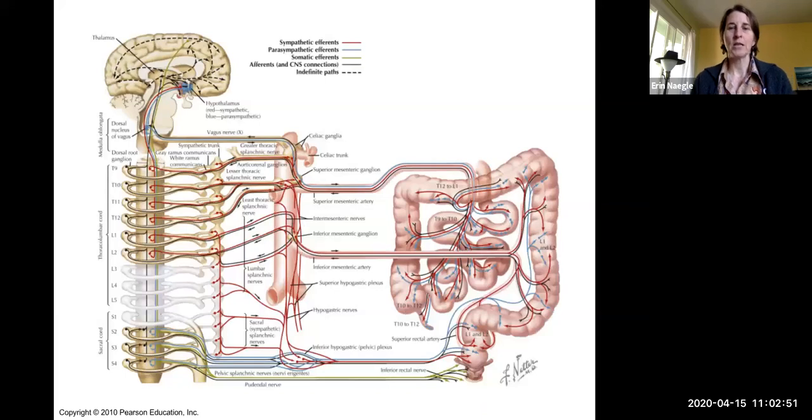What's going on with these megacolons? Well, your entire digestive system is full of nerves. This is showing the spinal cord, lots of neurons, and nerves coming and innervating the small intestines and the large intestines. Well, for some people, that innervation of the large intestines doesn't complete. And so you have parts of the large intestine that don't contract.